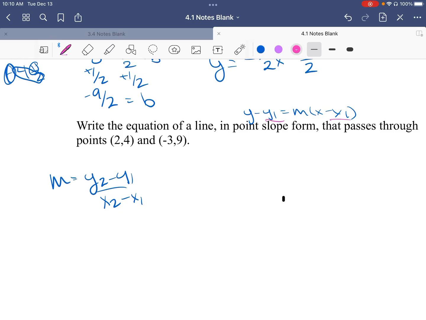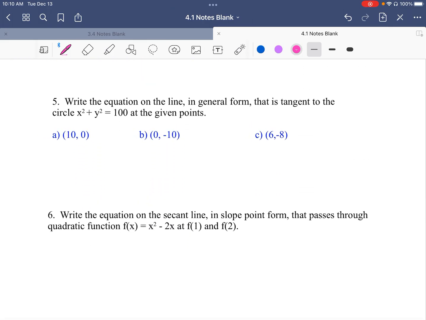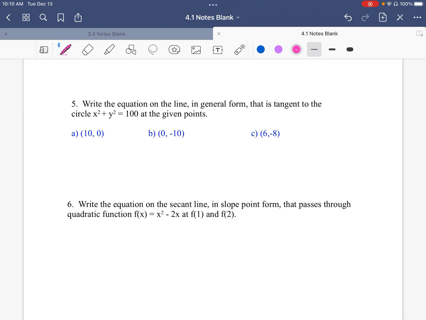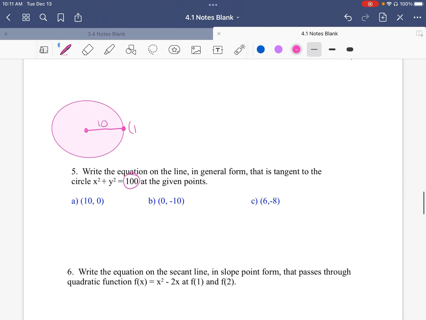So negative 9 over 2 equals b. Remember, you can multiply and then add your top one, ignoring the negative, and the whole number is negative. So our equation is y equals negative 1/2 x minus 9 over 2.